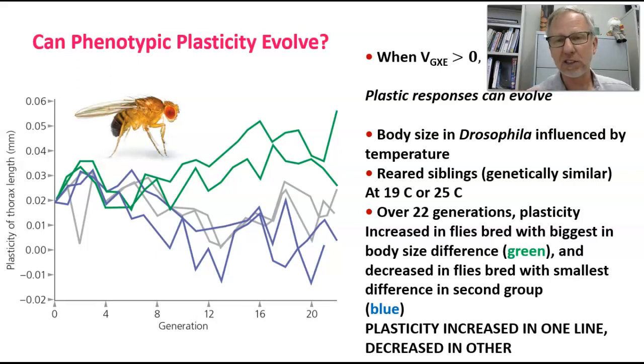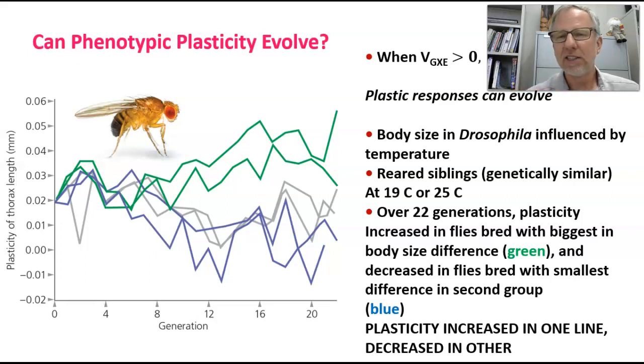Then the biologists took those flies from each of the families that showed the greatest difference in body size when exposed to these temperatures, and that's represented in green.